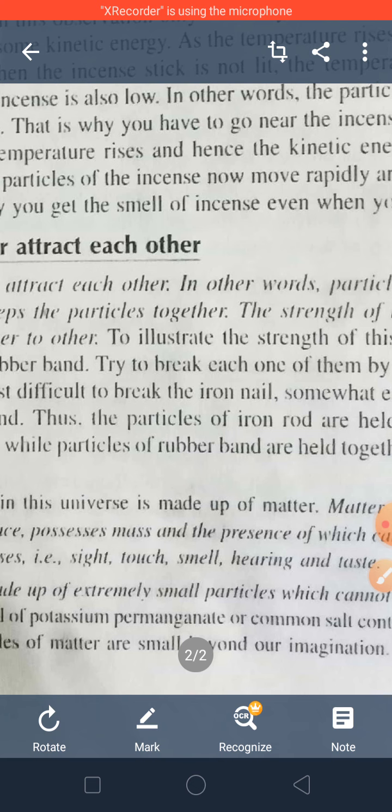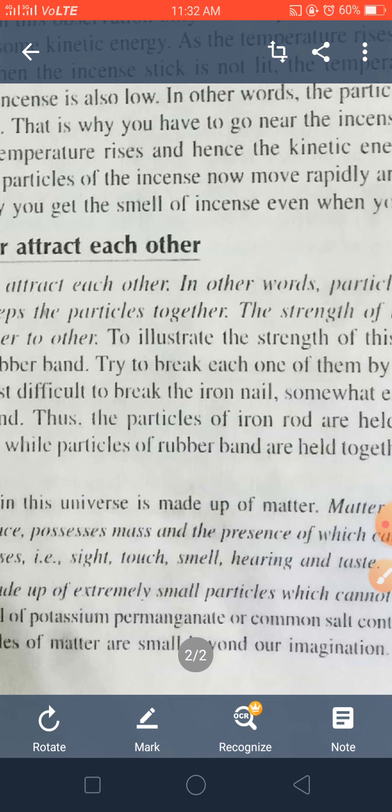This indicates that once we increase the temperature of the ice blocks, the temperature of the particles increases, so they start moving vigorously. As a result, the solid water gets converted into liquid water.